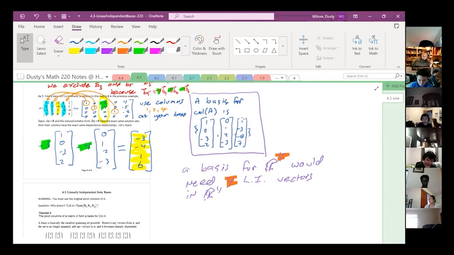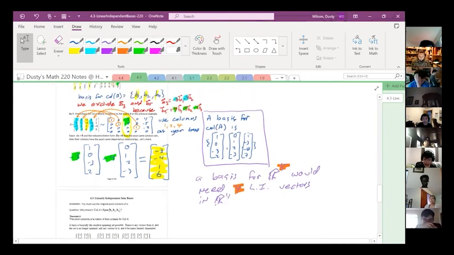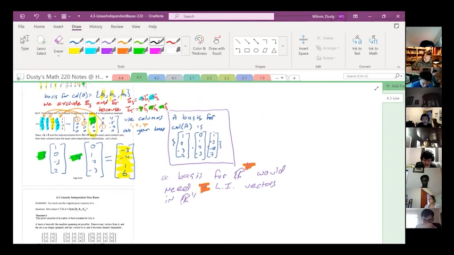Okay, so in this case, all of our vectors have 4 components. And so what we're saying here, if I'm understanding your question right, is that the column space of A is a subspace of R4.